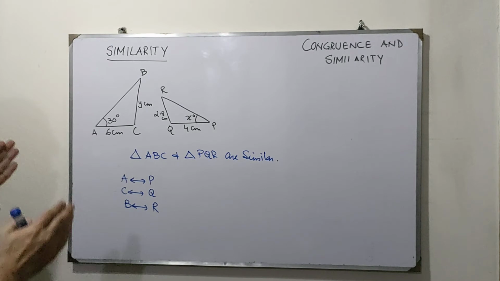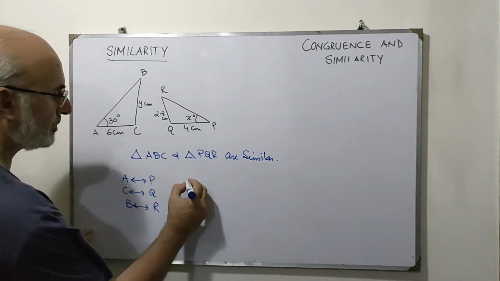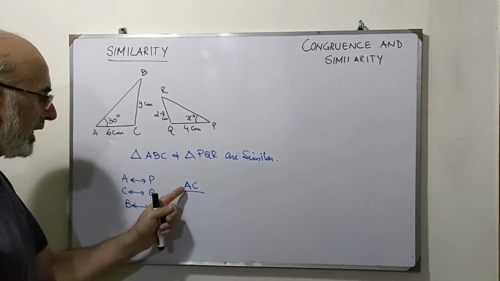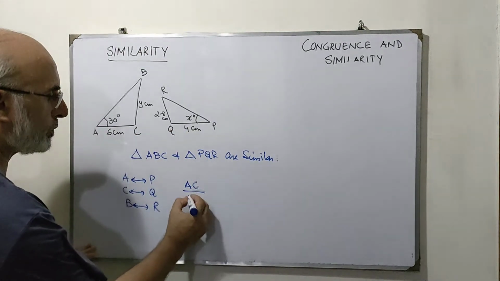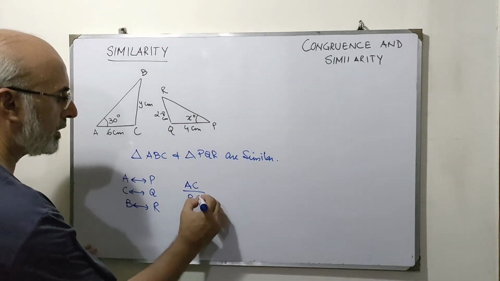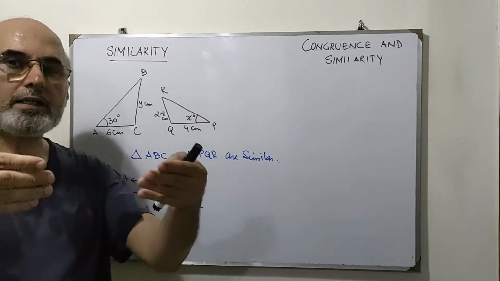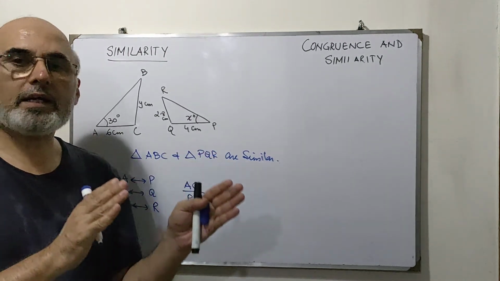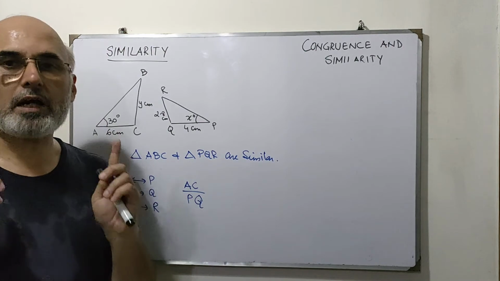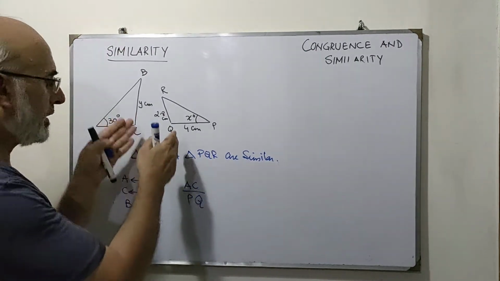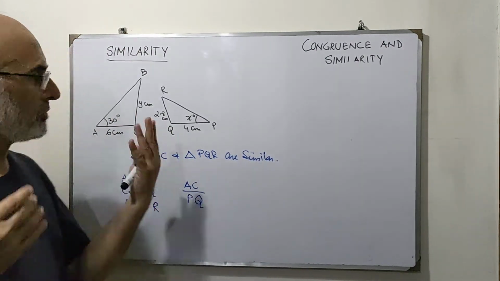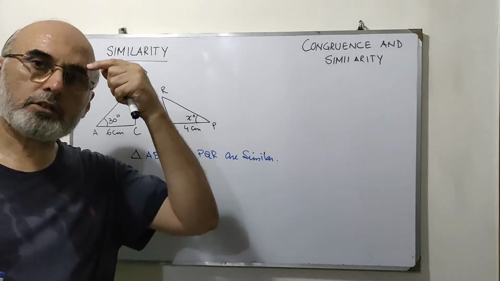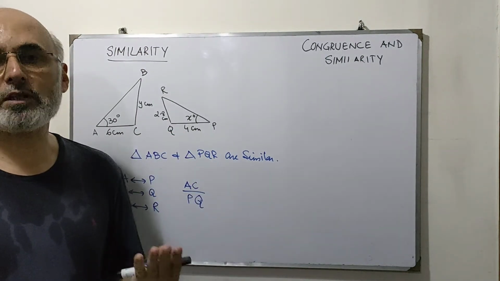Now I am going to compare this side AC with PQ, since A corresponds to P and C corresponds to Q. I'm going to get a ratio, and I know that if the triangles are similar, all the ratios are equal. So if the ratio of these two sides is, let's say, 6/4, then the ratio of the other two sides also has to be 6/4.